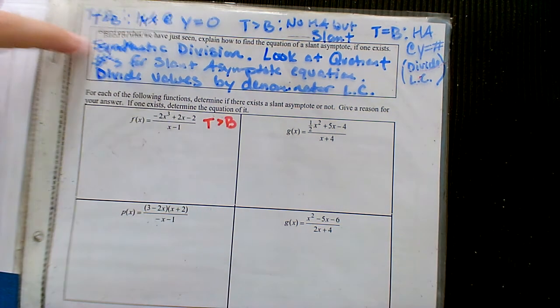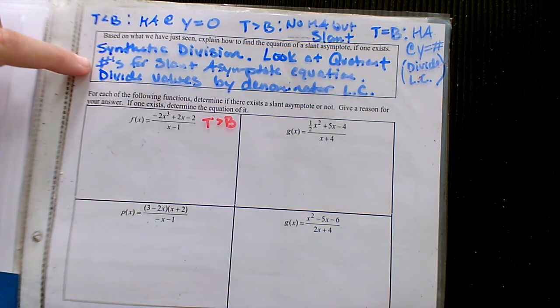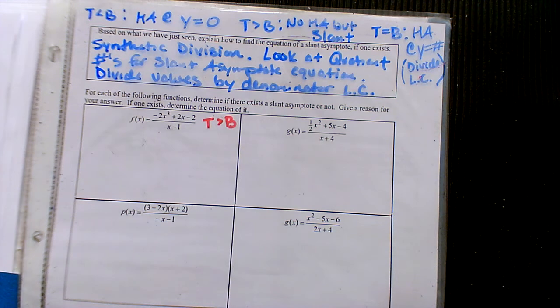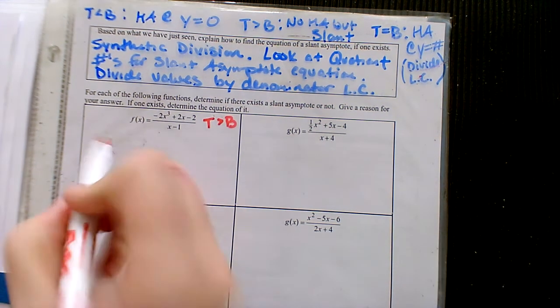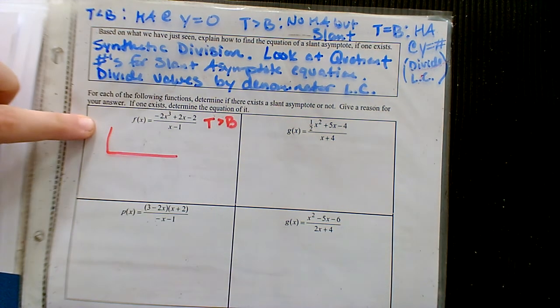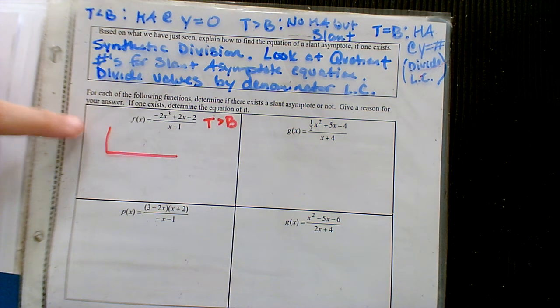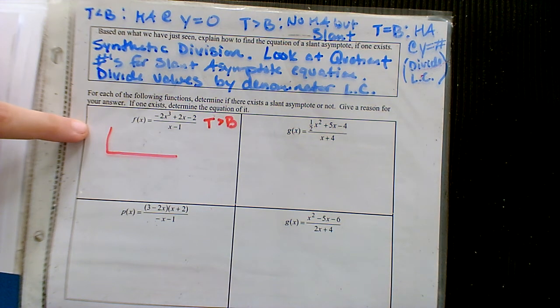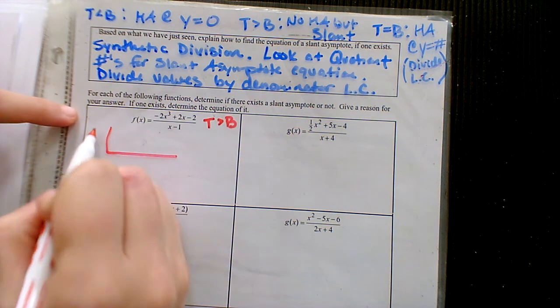So let's go ahead and go through our synthetic division, look at our quotient, and maybe determine what that equation would be. In this synthetic division process, we have to think of that special number, that one number that goes on the outside. Can we think about what that might be based off this fraction? Yeah, 1. Where did that come from?